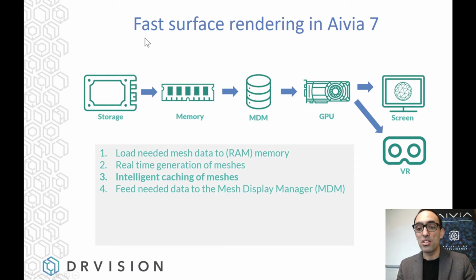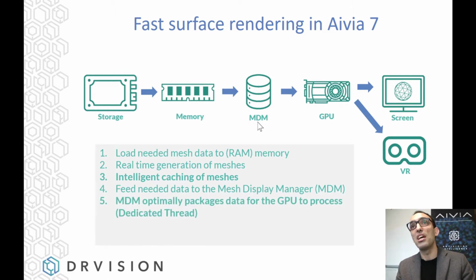Once it's in here, and this is perhaps the most critical step in our pipeline, this is the place where we package and organize the meshes in such a way that the GPU can process them most efficiently. And we've implemented this on a dedicated thread, which means it doesn't compete with any other operation that Aivia is performing.